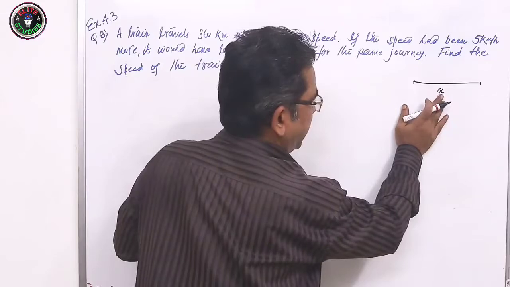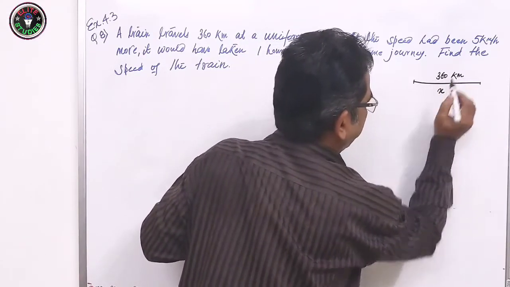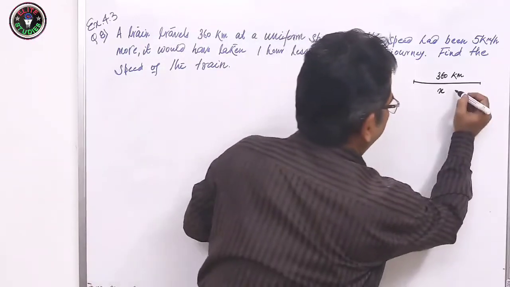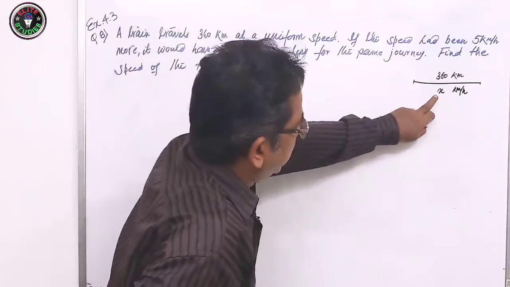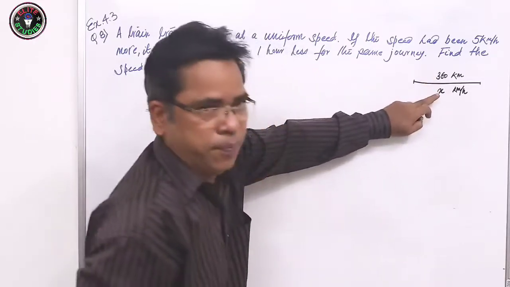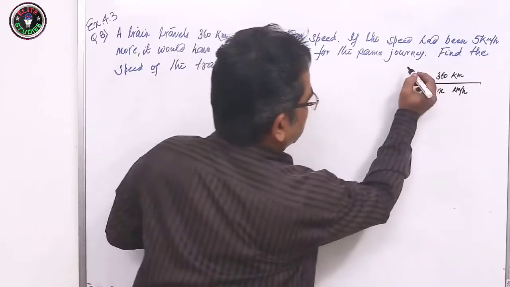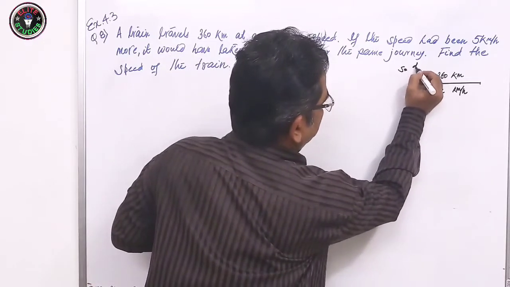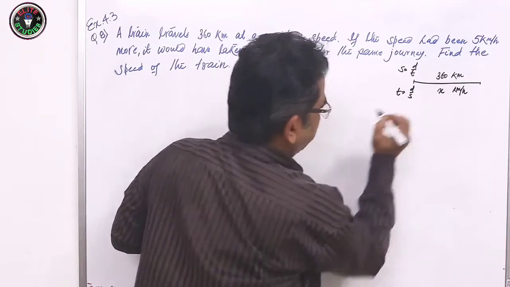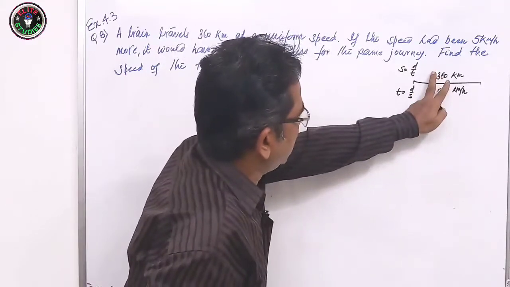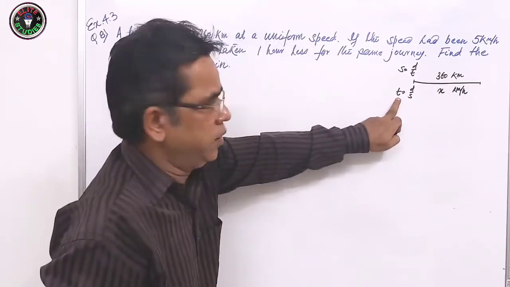If the speed is x and the distance is 360 km, x is actually x km per hour, because this is speed. Now that train will take a certain time. We know speed is equal to distance by time, and time is equal to distance by speed. So distance is given, speed is given, so we can find out the time.